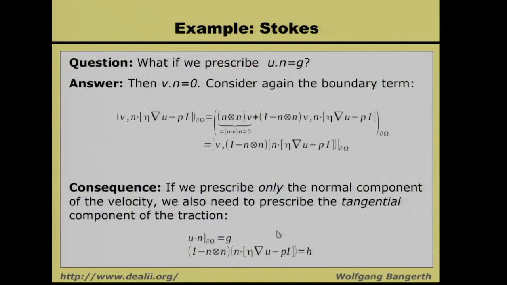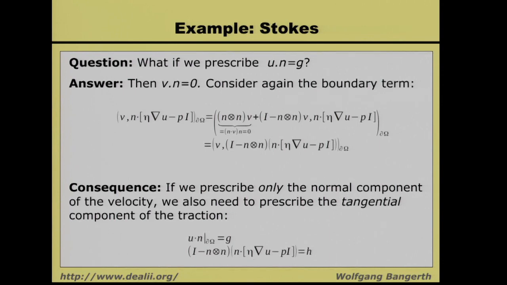So in essence, I have already imposed that u dot n equals g, and I will also have to say what this term should be, the tangential part of the traction.